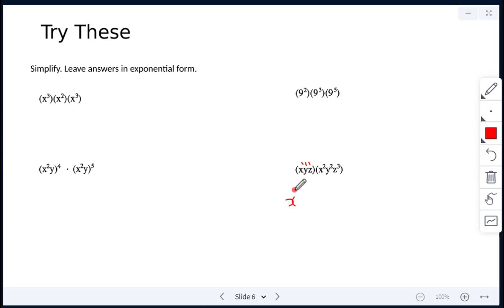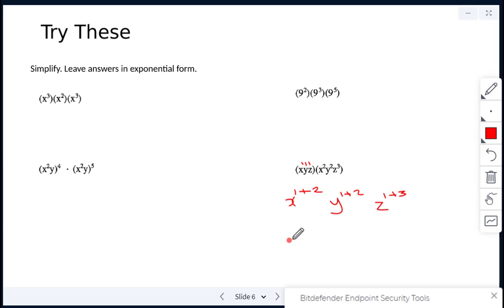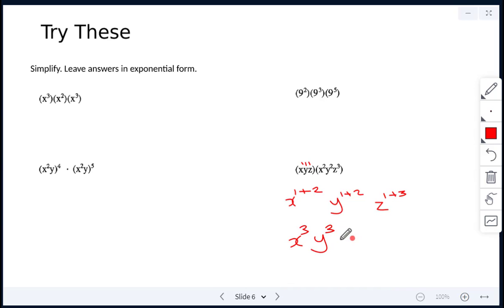So it becomes x to the power of 1 plus 2, the y is to the power of 1 plus 2, and the z is to the power of 1 plus 3. I have to collect the bases separately. The bases have to be the same, so I collect x together, the y together, and then the z together. That gives me x to the power of 3, y to the power of 3, and z to the power of 4.